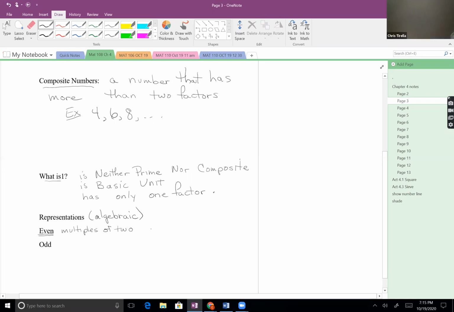And so could I say that they're represented by 2 times some value k, where k is a whole number? And so odd numbers, the opposite would be not multiples of 2.